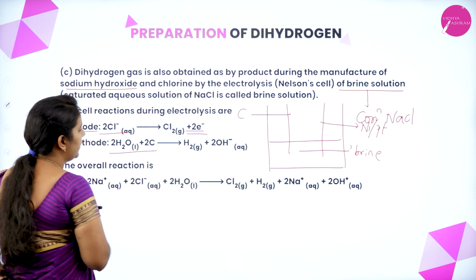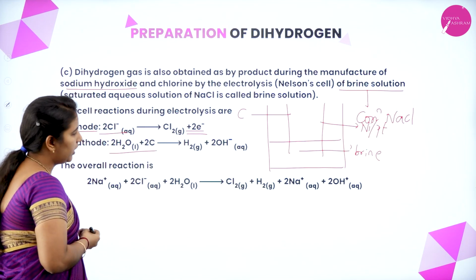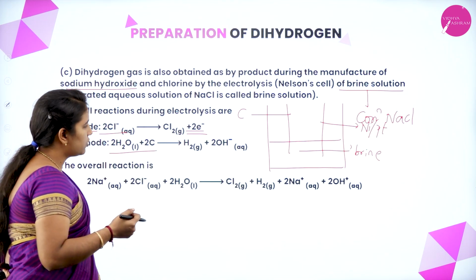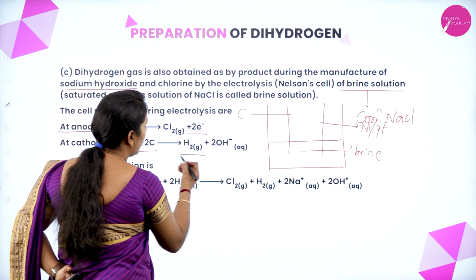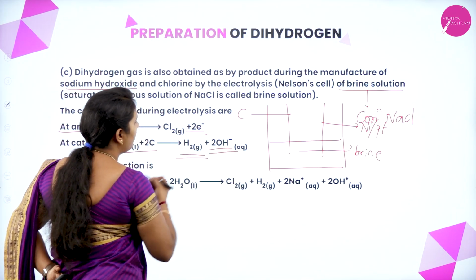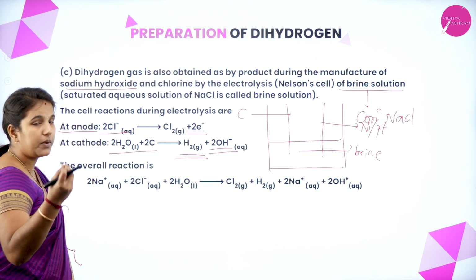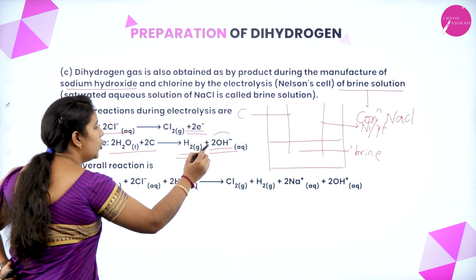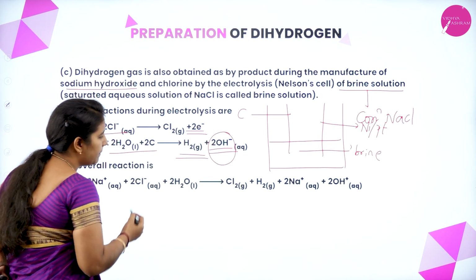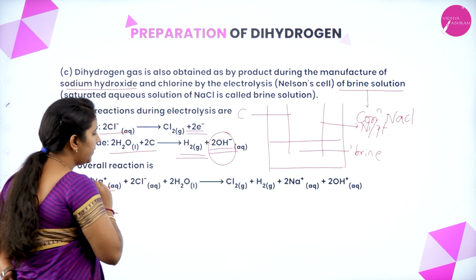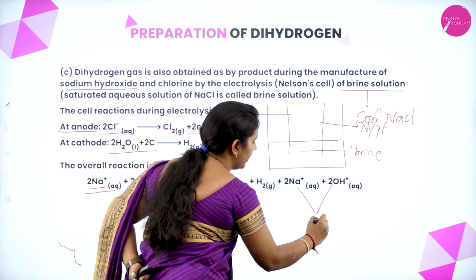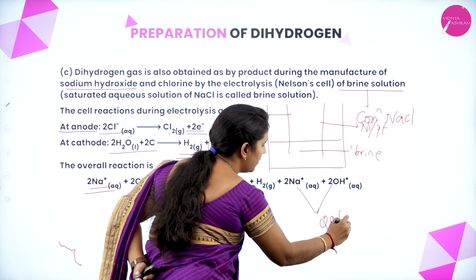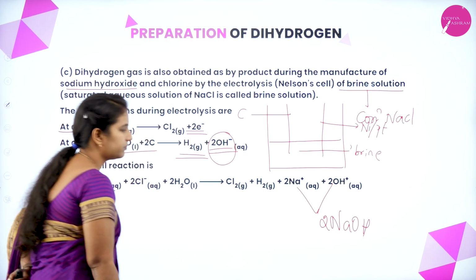It will react at the electrode and liberate hydrogen gas with the formation of OH minus ion. Later, this OH minus ion combines with the sodium metal forming 2 sodium hydroxide.